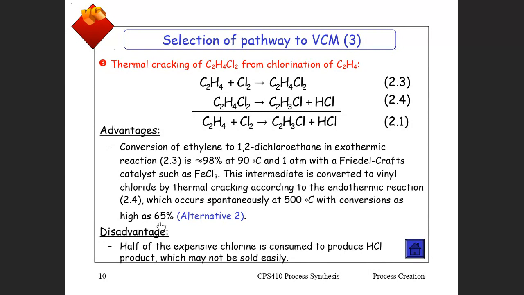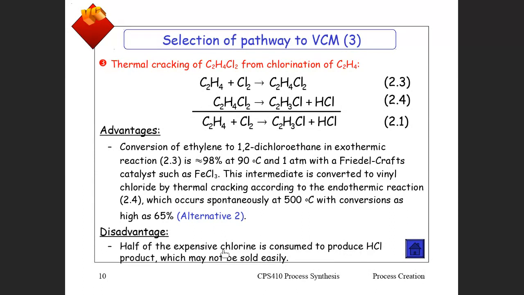As high as, okay, so it's not great conversion, but 65% we can live with, because if we don't react all of the dichloroethane, it is a relatively easy compound to, it's a liquid at room temperature, so it's an easy compound to store and to recycle.